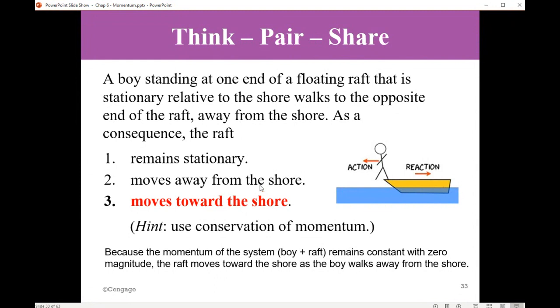Okay? It's like an action-reaction pair of forces. So this way, as the boy moves away from the shore, the raft will move toward the shore in order to conserve momentum.